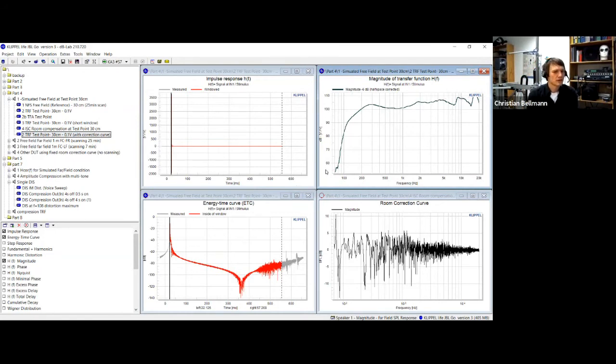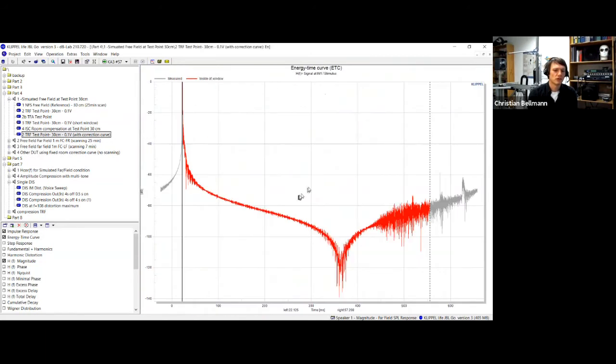And what's quite interesting, if we look at the impulse response and the energy time curve, is that our impulse is now really, really short. We have shortened the impulse response a lot. You also see a maybe slightly unnatural behavior of the energy time curve. This comes because we compensated everything, and there's also some kind of noise. If we would repeat the measurement, we would see a noise floor coming up in the energy time curve. But the impulse response will still be short because we compensated for the room response.